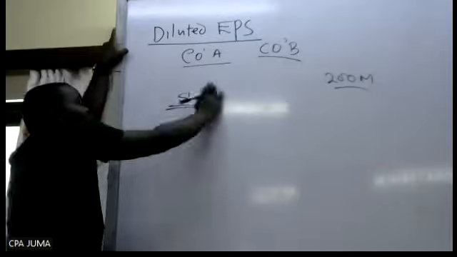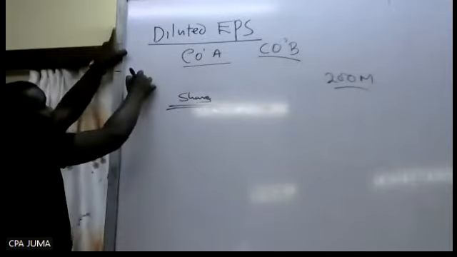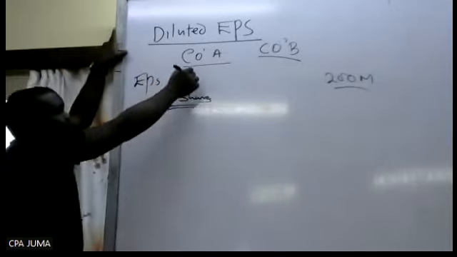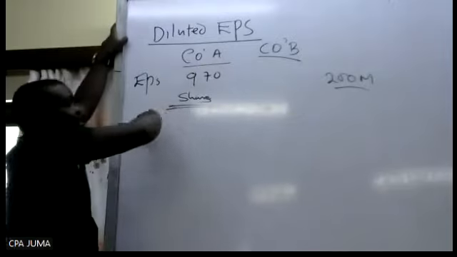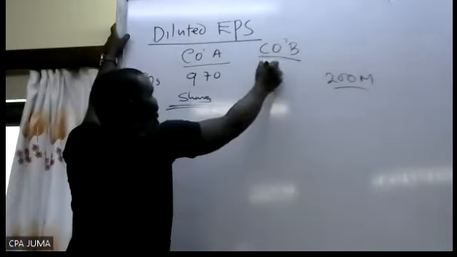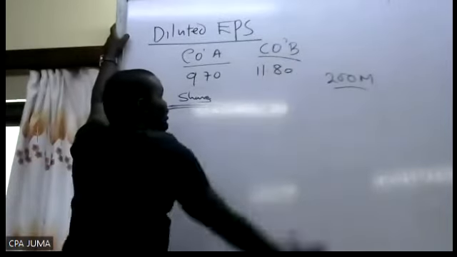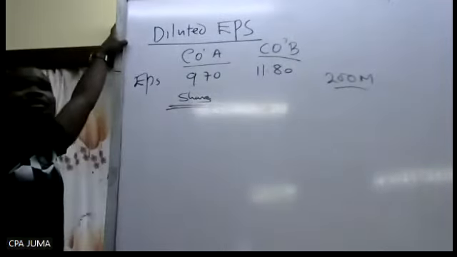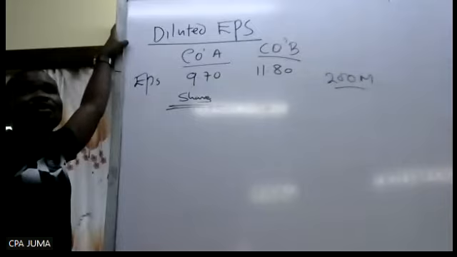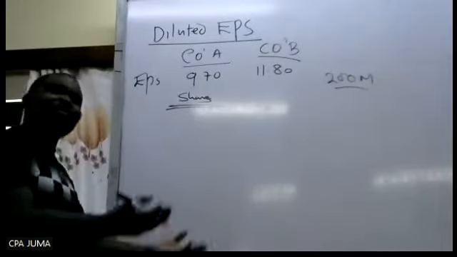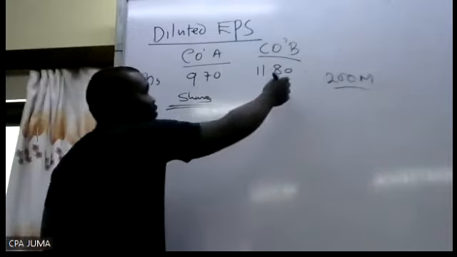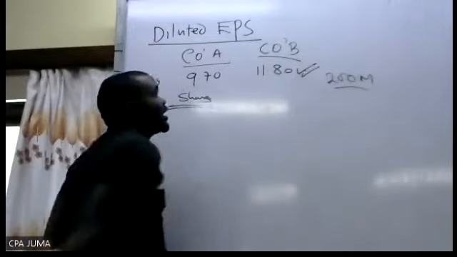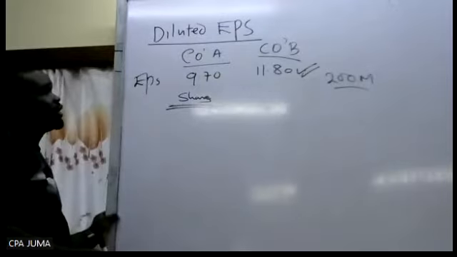The broker will give you the story. He tells you EPS: we have company A, they reported 9.7 in the previous year. This one reported 11.8. Which company are you investing in? Don't think much, normal. Which company are you going to invest in? People will run to B. That is very dangerous. Very.